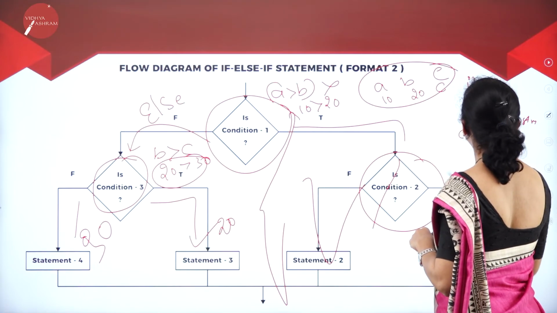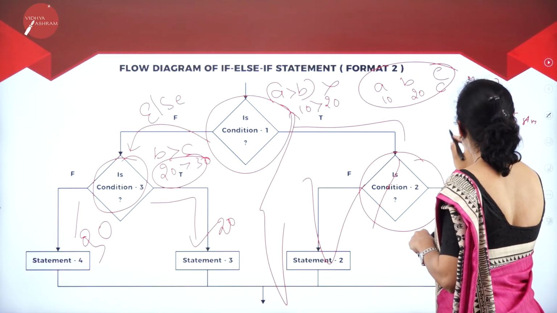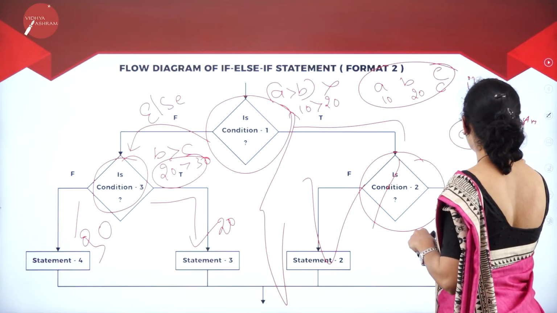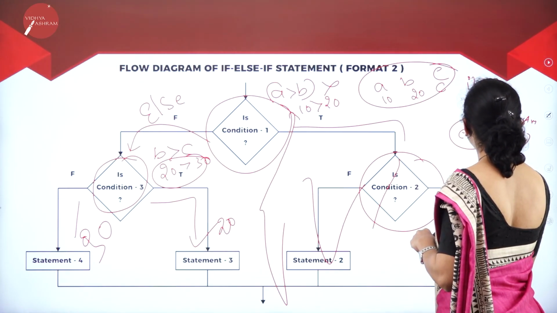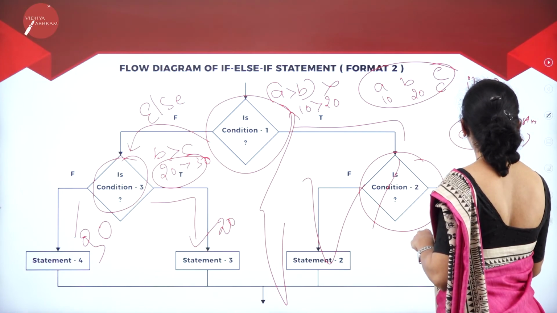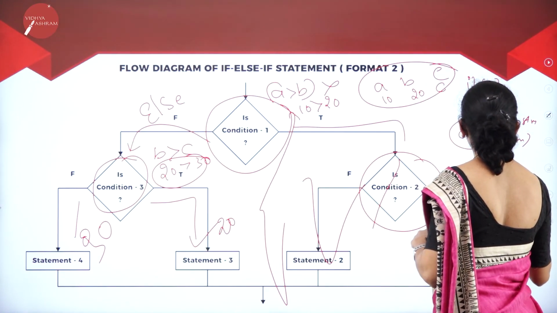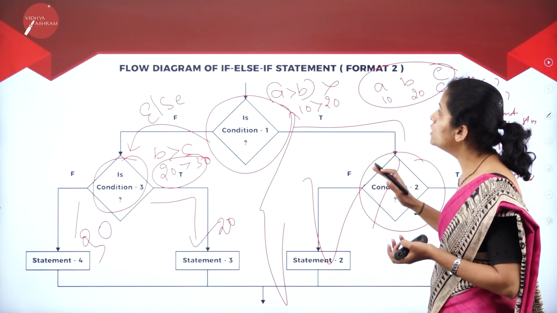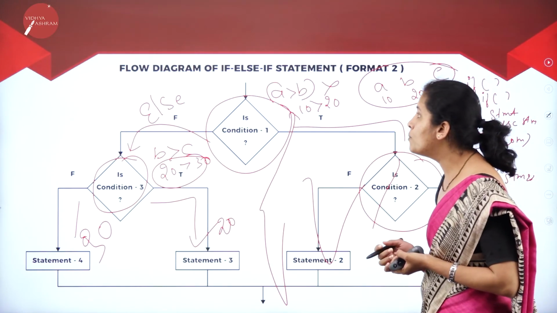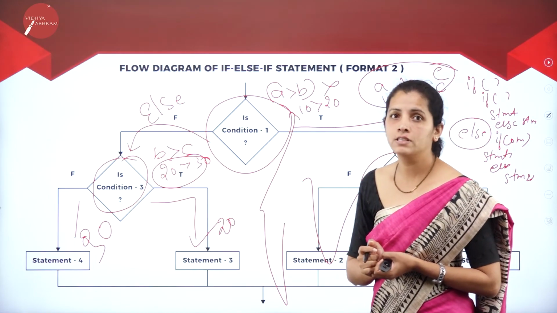Here if the condition is false, where I'm going to write in my else part, I'll write if condition. Okay, if this is true, statement 1, else statement 2. This is the way I can use my second form of if-else-if statement.